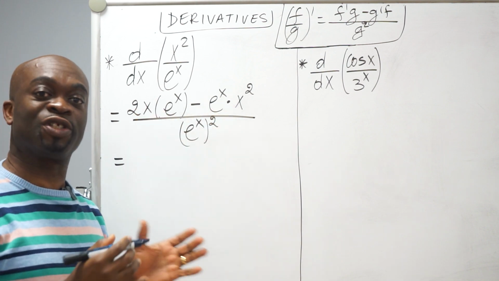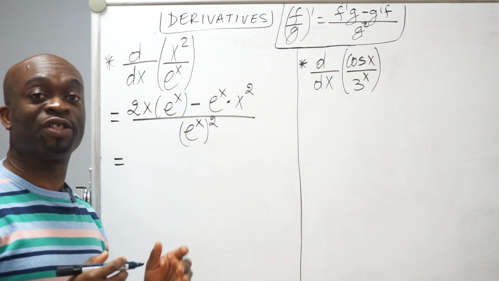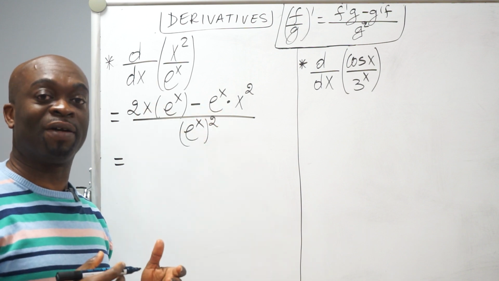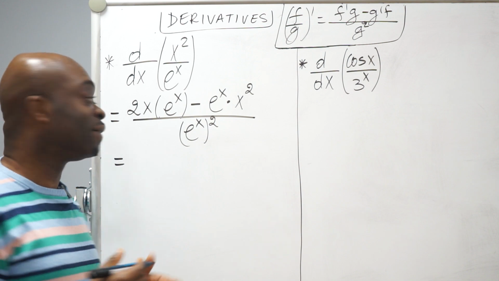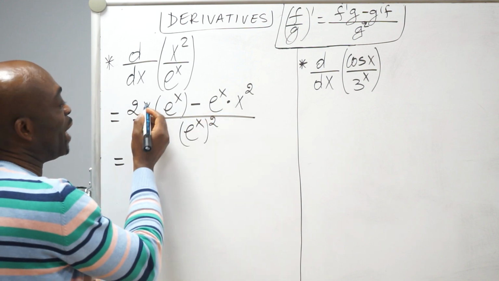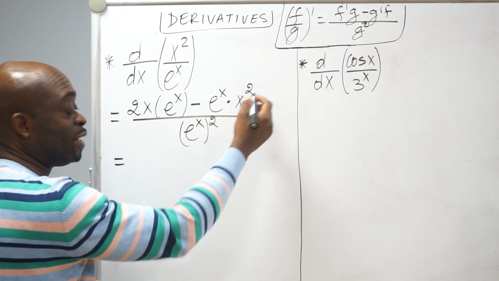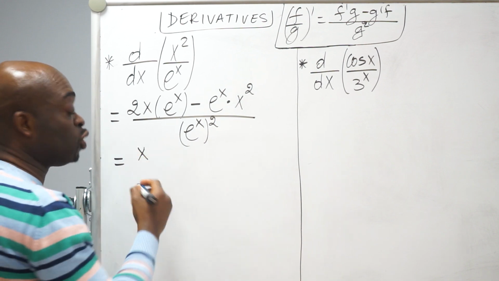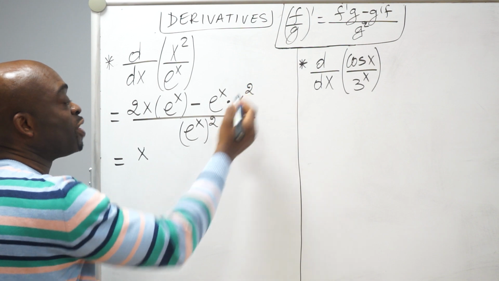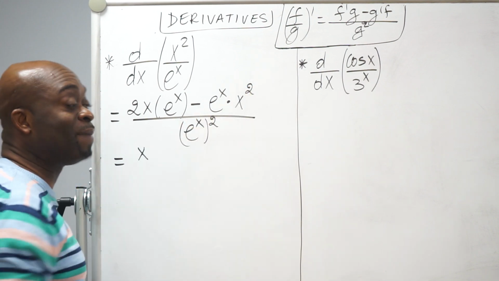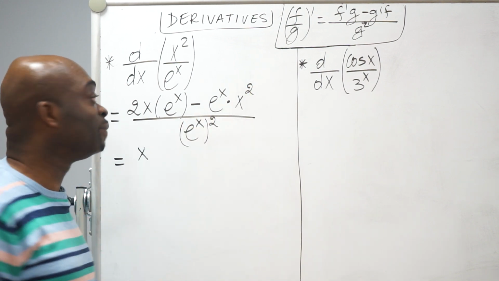A lot of times when you see these expressions, you always have to think, what can I do to make it simpler? In this case, yes, we have x here and x squared here, so x is in common for those two expressions. This is one expression, this is the other expression.